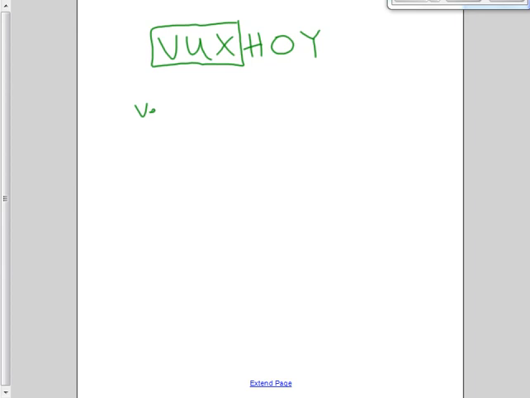VUX is vertical, undefined, x equals. So anytime that I have x equals, I have a vertical line. That's going to help me graph it when we get to graphing. But it has an undefined slope. It's a vertical line, undefined slope, x equals equation.